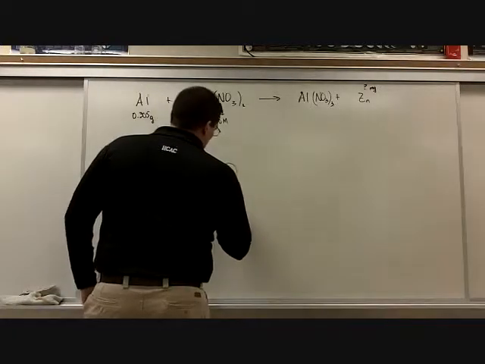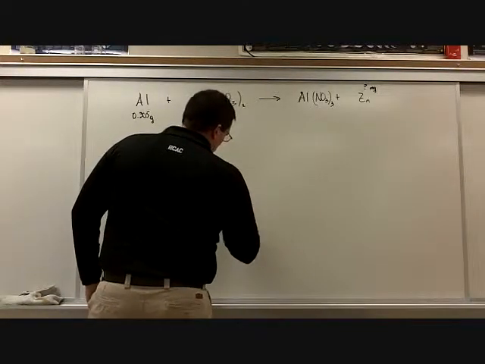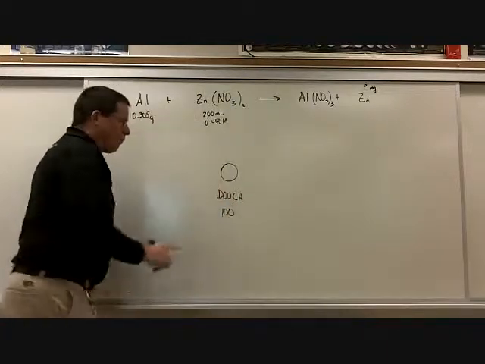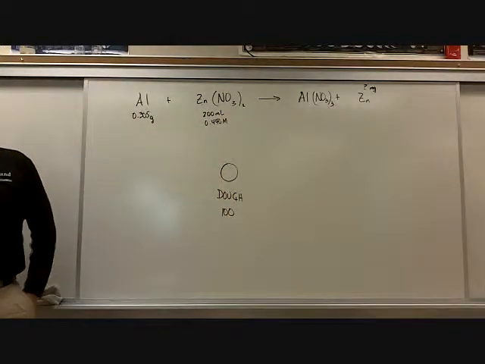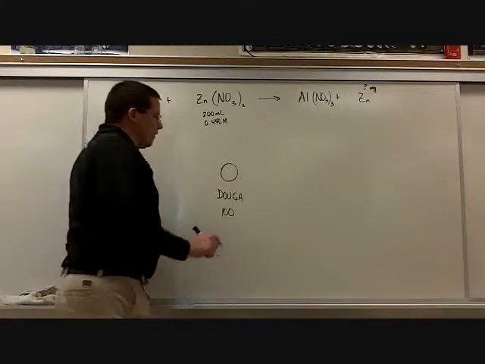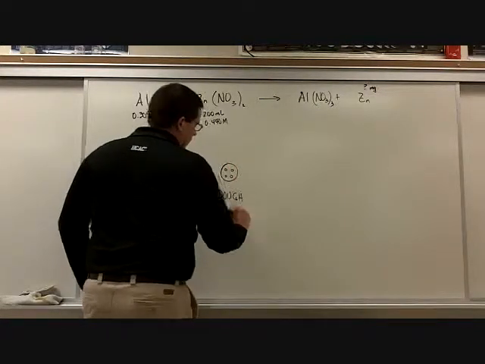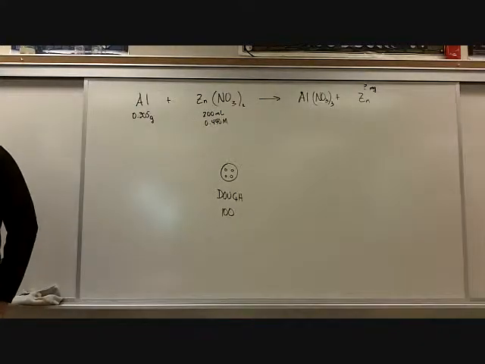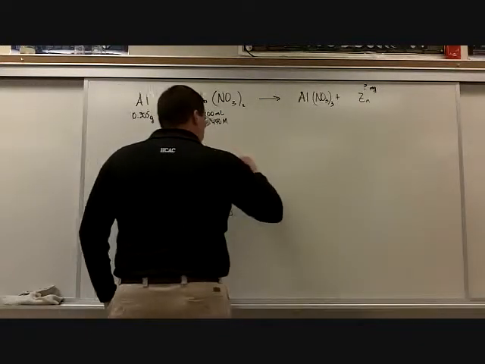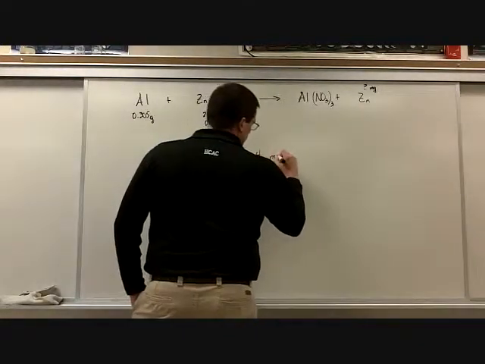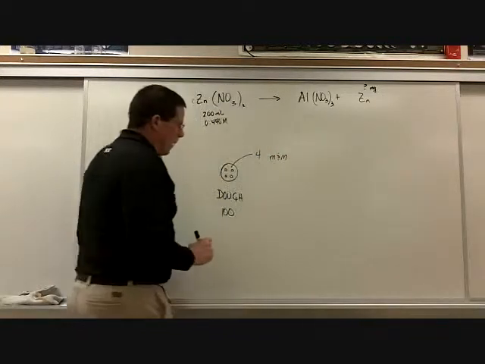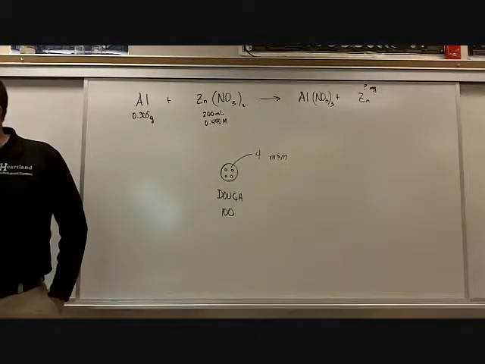And I have enough dough to make 100 cookies at that particular diameter. And then I plan on placing exactly 4 M&Ms on each of these cookies. So there's 4 M&Ms per cookie.